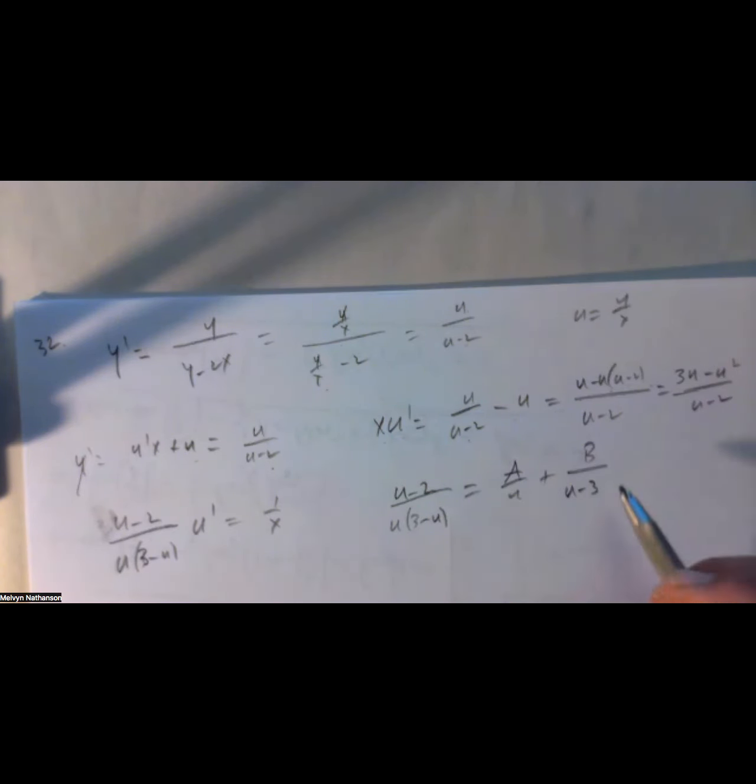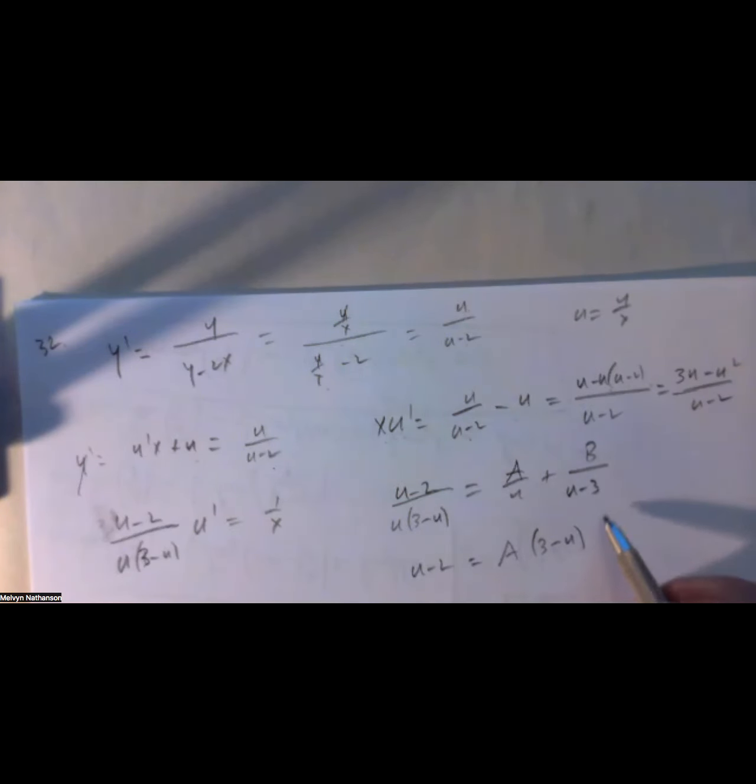So u minus 2 is going to be a times 3 minus u minus b times u.